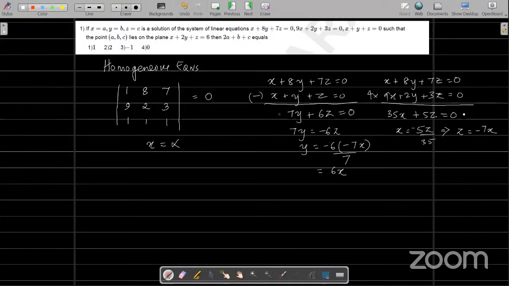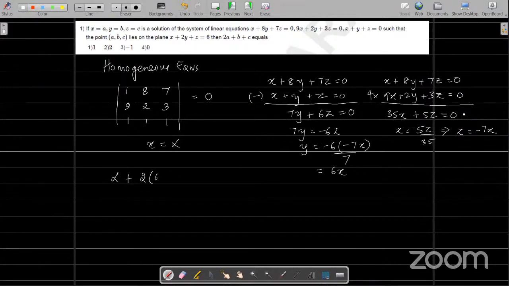Now, if x is equal to alpha, let's say, the solution has to be on this plane, x plus 2y plus z equal to 6. Then I can write in terms of alpha: 2y becomes 2 into 6, x is alpha, right? So 6 alpha.